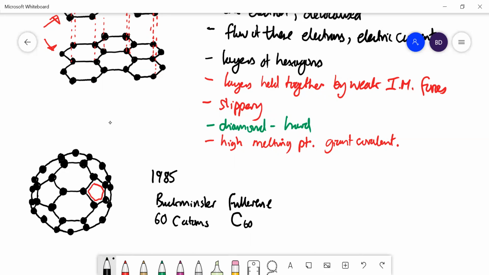But it's all part of the developing science of nanoscience. So nanoparticles are particles which are between 1 and 100 nanometers across, and 1 nanometer is equal to 1.0 times 10 to the minus 9, so a billionth. It's 10 to the minus 9 of a meter.